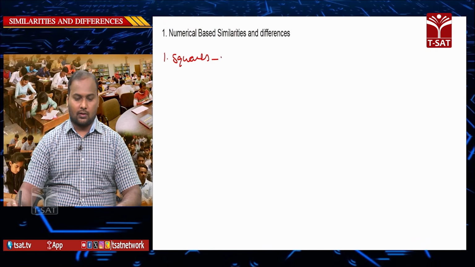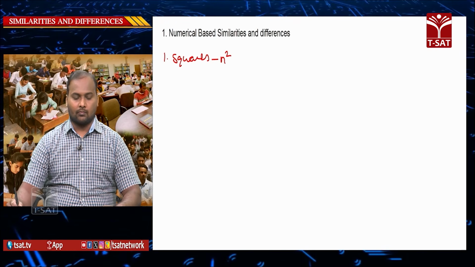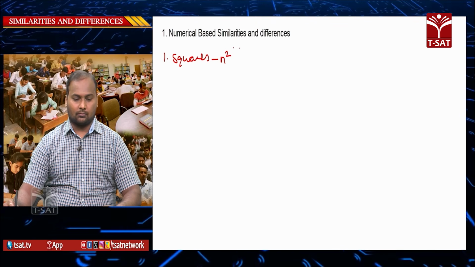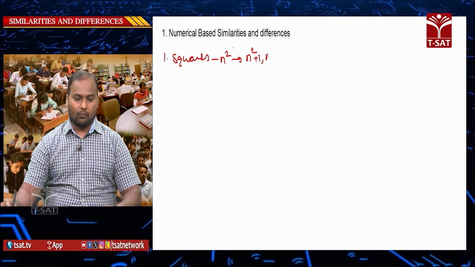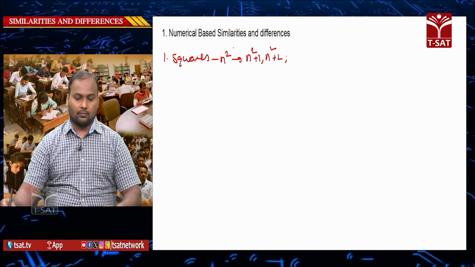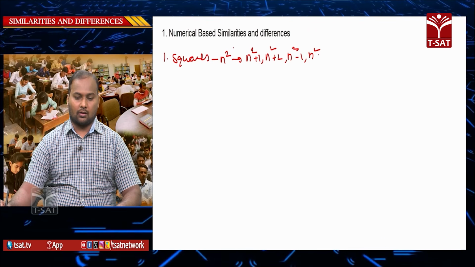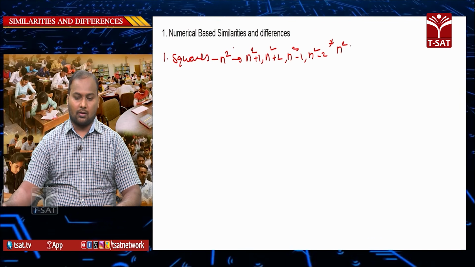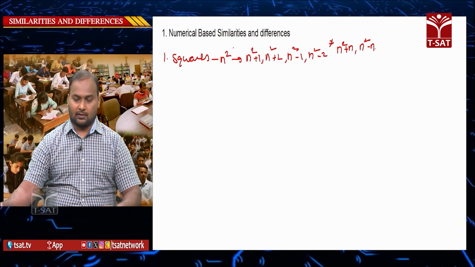Not only the squares, the student should know the values near the squares as well, that is n square plus 1, n square plus 2, or n square minus 1, or n square minus 2. The most important are n square plus n and n square minus n.